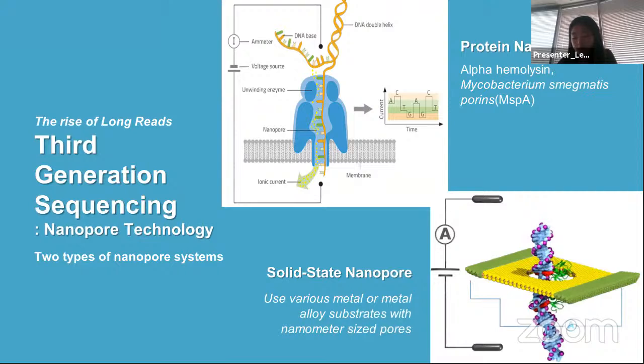Solid-state sensor technology uses various metals or metal alloys with nanometer-sized pores that allow DNA or RNA to pass through. This method is considered to be next-generation nanopore technology because it bypasses the use of organic supports and is more stable.